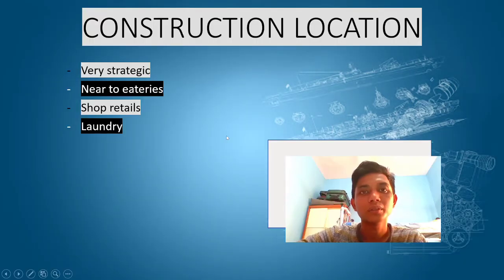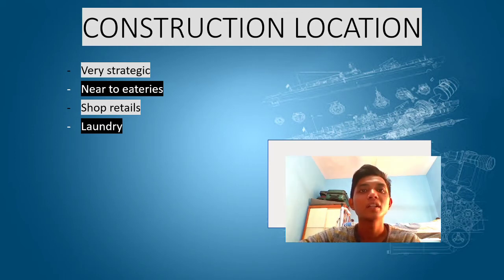Assalamualaikum warahmatullahi wabarakatuh. I'm going to talk about the construction location. Now, we have to choose the perfect location. It has to be a very strategic location, so that the owner of the house can go everywhere they want.